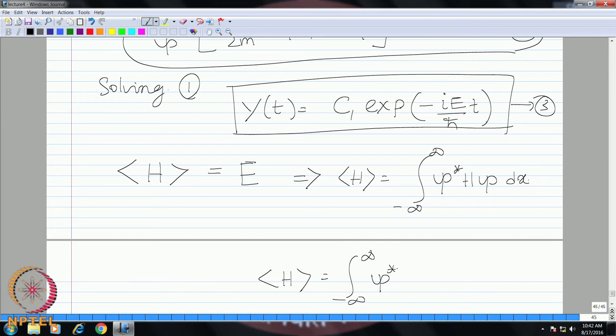Okay. What we will do is let us not touch the H, we will only expand psi and psi star. So, psi star is a function of r and t.